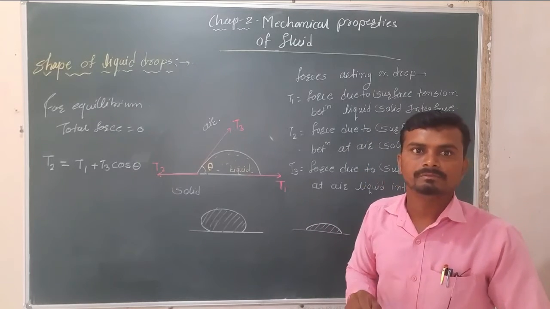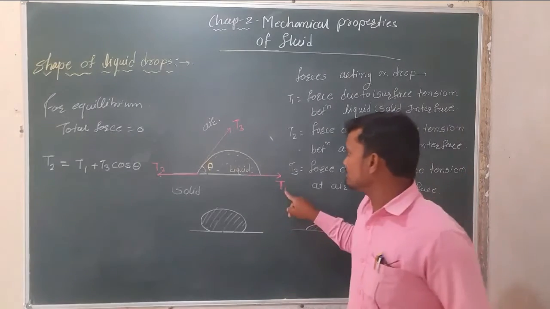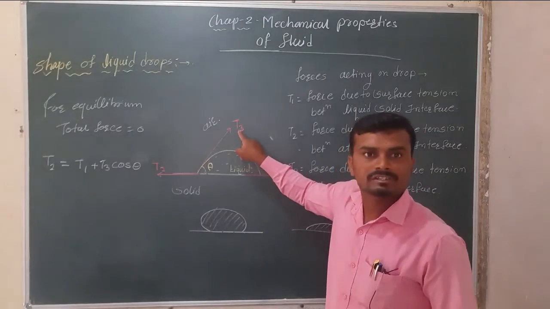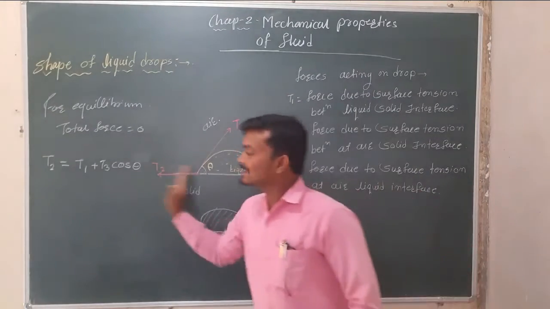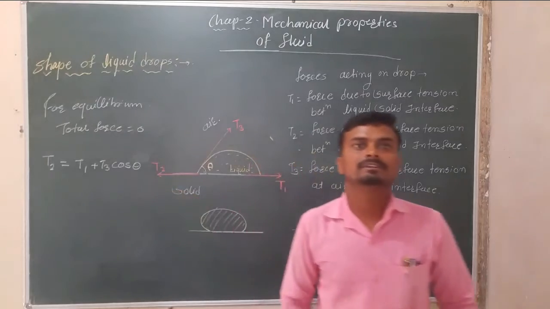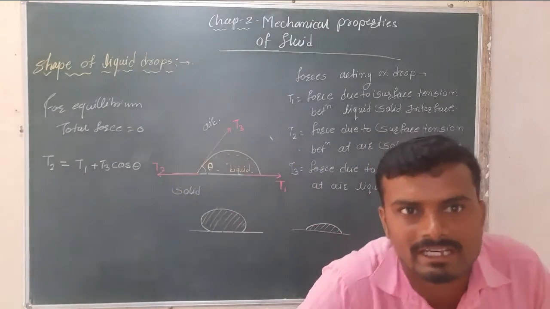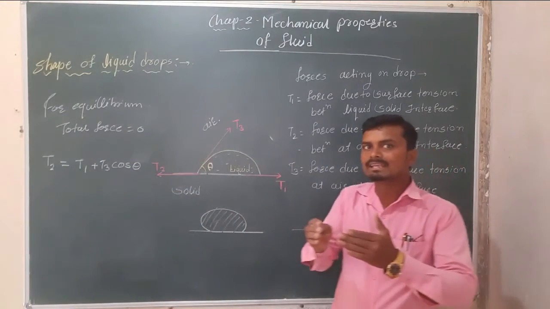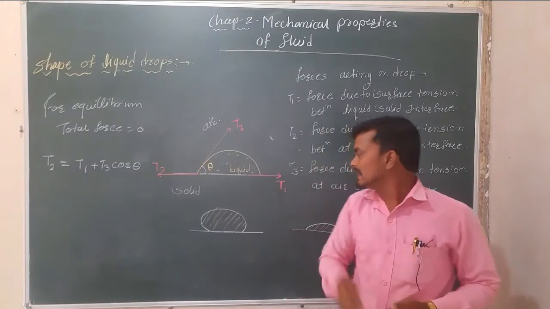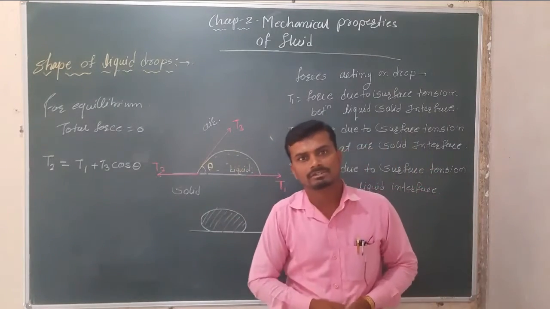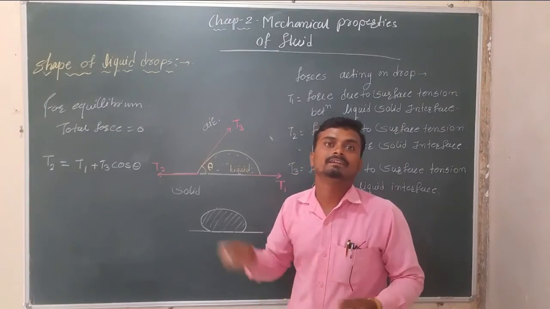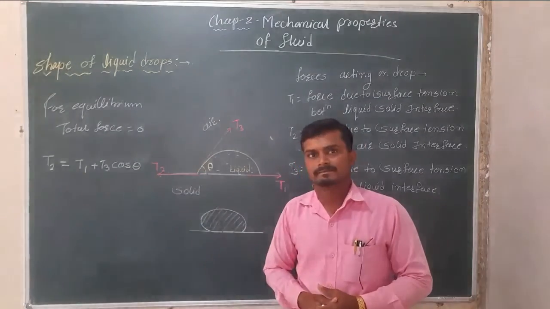And for equilibrium or the stability of the liquid drop, the total force must be 0. That means T1 plus T3 cos theta minus T2. Why do I get T2 as minus? Because the direction of T2 is exactly opposite to T1 and T3 cos theta. Because of that I consider T2 as a minus.